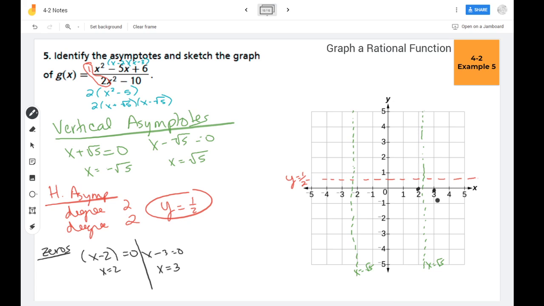Anyway, so this one's probably going to cross this horizontal asymptote, and we're not going to freak out about it if it does. Alright, so if I find my y-intercept, I'm just going to plug in my zeros right away. I get 0 minus 0 plus 6, and 0 minus 10. So my y-intercept here is at negative 6/10, which is negative 3/5.